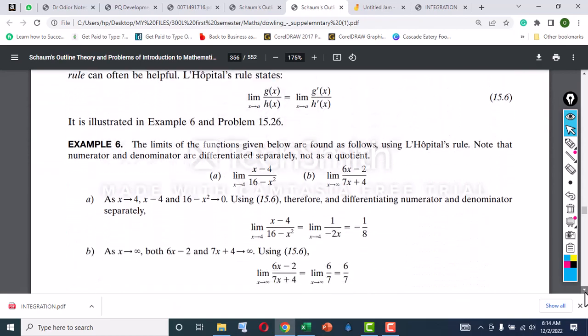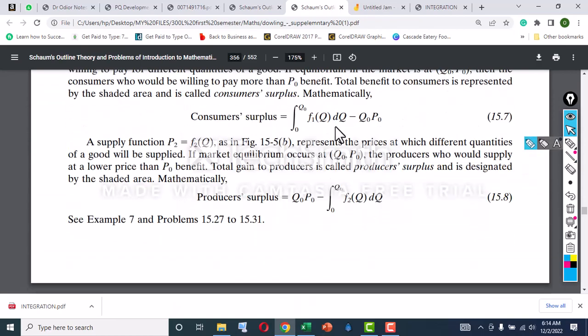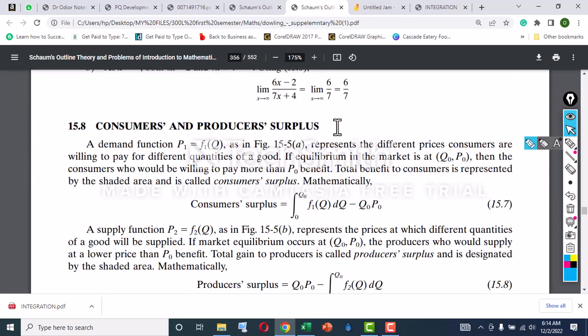Then we go to consumer and producer surplus, which is something I feel is also common. So consumer and producer surplus is simply you using definite integral to find the consumer surplus and the producer surplus.